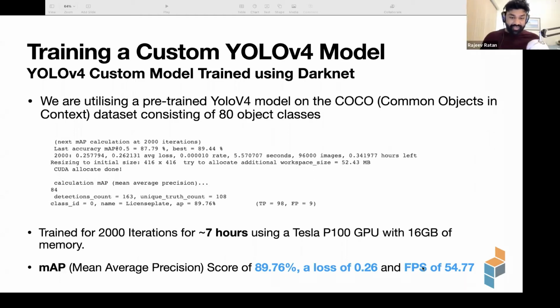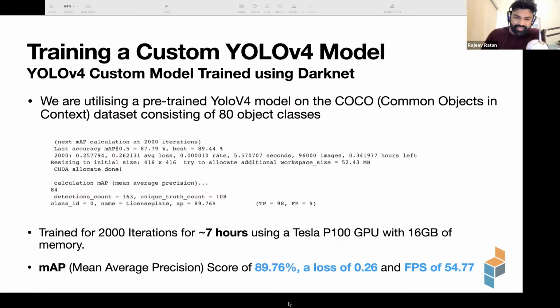And the FPS we got on our GPU, which was a Tesla P100, was 54 frames per second, which is quite good. Although we need it to run on a much slower embedded system, which would be the Jetson Nano, which most likely will probably get something like 2 frames a second, which is not fast enough, but we do have a plan for that, which I'll discuss further.